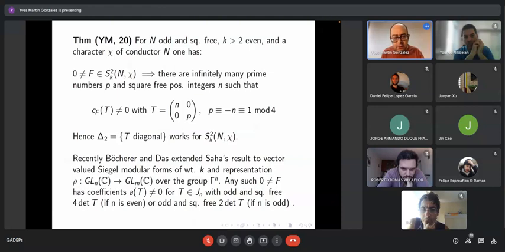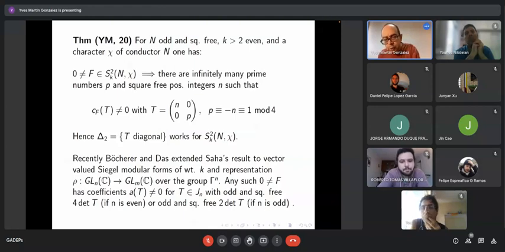And that is for the full group, gamma n. They say essentially that the good set of indices are the ones that are fundamental. In other words, that 4 times the determinant is a fundamental discriminant, sort of.